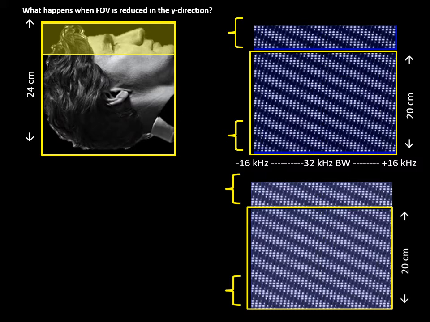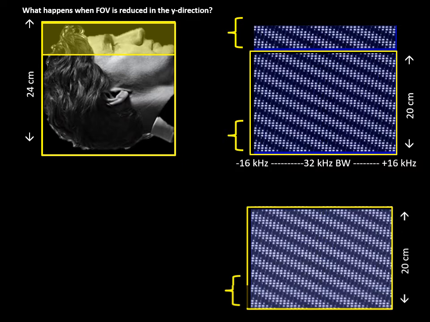So electronically, these cannot be distinguished from one another, and the system handles it in the following way. It moves the things outside the field of view at the top, puts it into the bottom, and the field of view is cut off where it is intended at 20 centimeters.